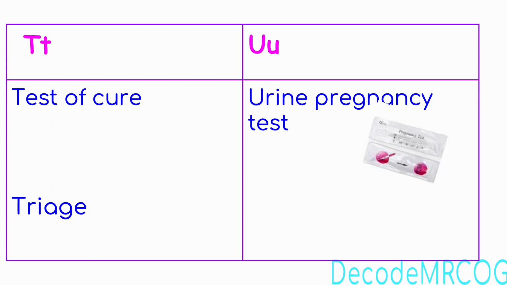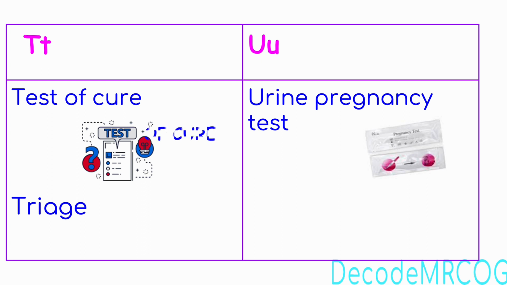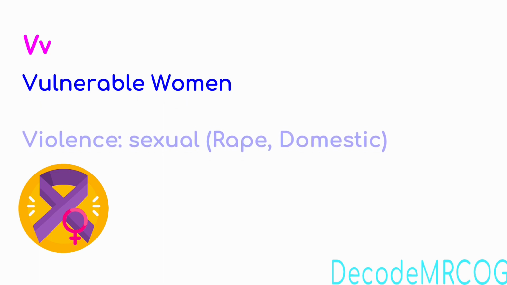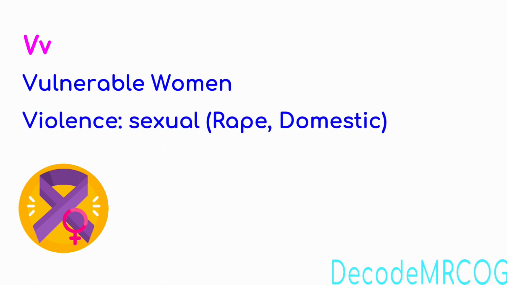T, test of cure, triage. U, urine pregnancy test. V, vulnerable woman, rule out violence: sexual, domestic, child abuse.